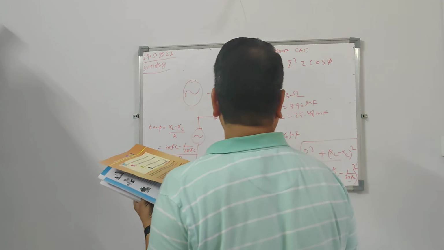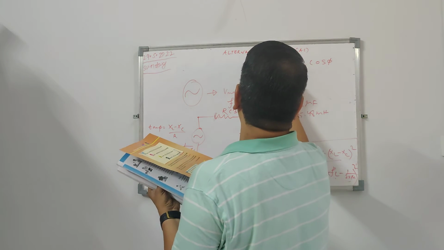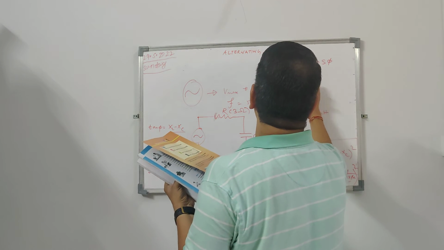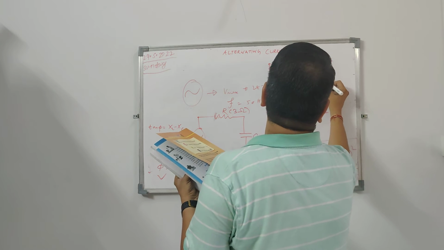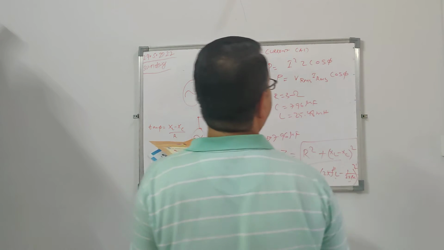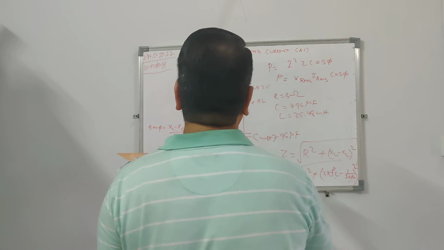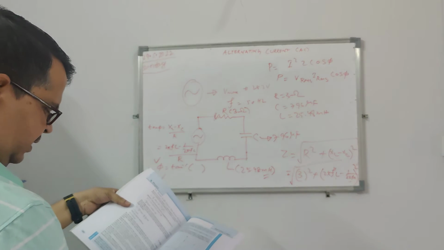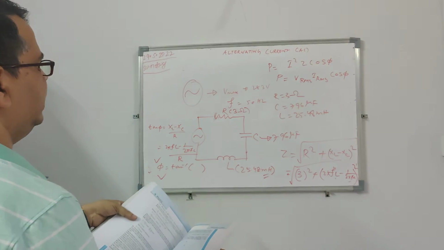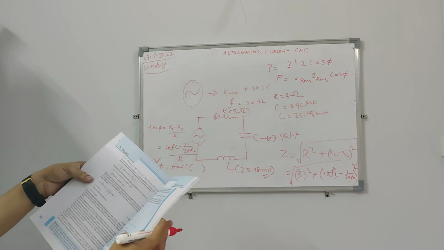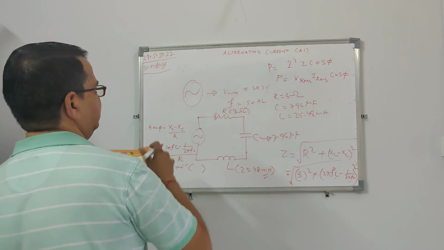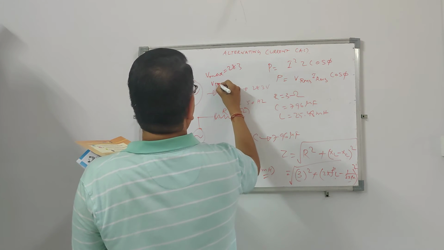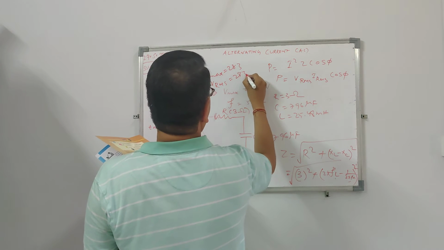Since voltage is also given, we can use the other formula: Vrms into Irms into cos phi. So phi you should never forget. You got the phi from here. They have given V max, which is 283 volt. We don't know I, but you can find it out; there is no problem in that. Your Vrms will be equal to 283 divided by root 2.